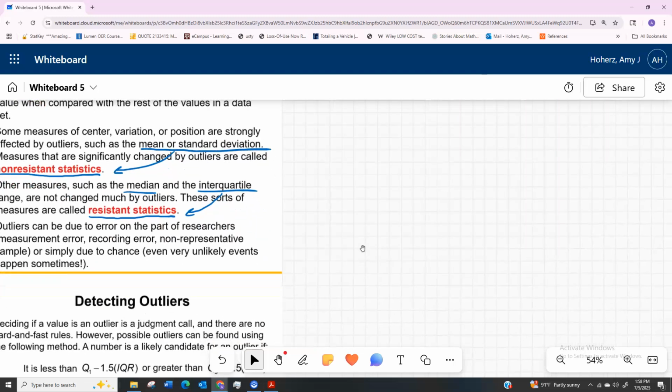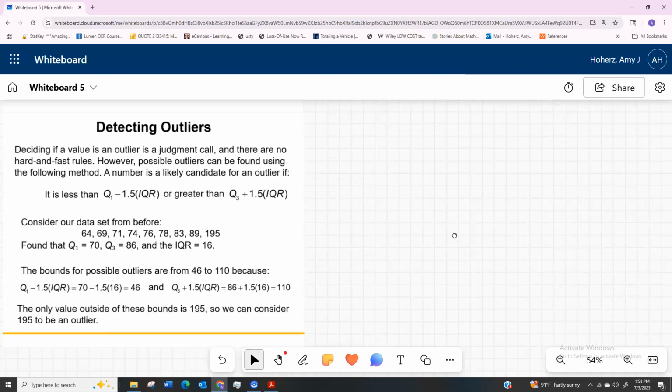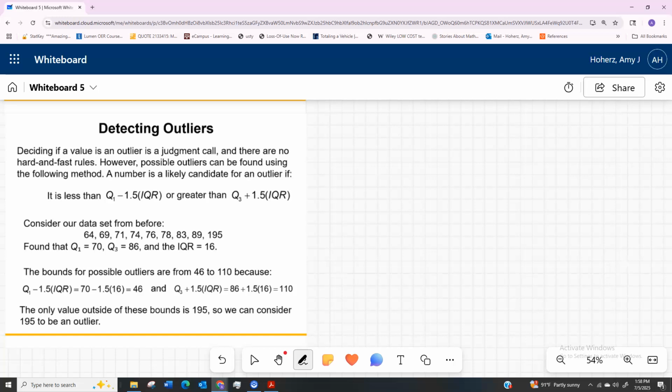So let's look at how we detect an outlier. How do you tell if something is an outlier? Well, it's kind of a judgment call, honestly. There's no hard and fast rule for it. Statisticians will disagree on what the formula is for computing an outlier.